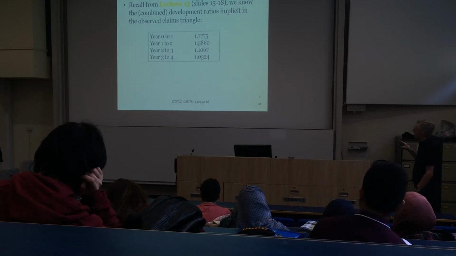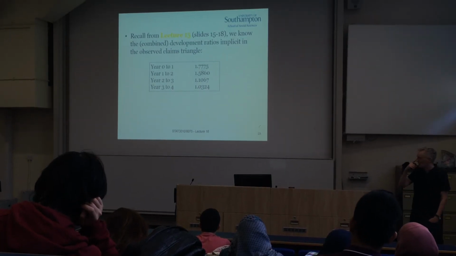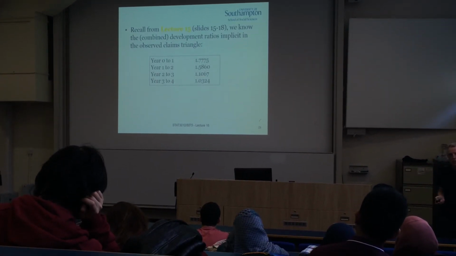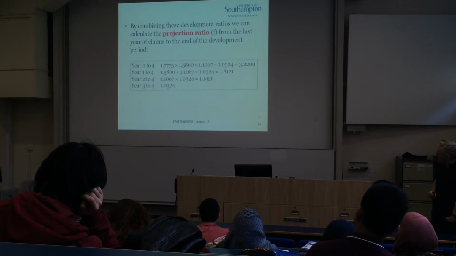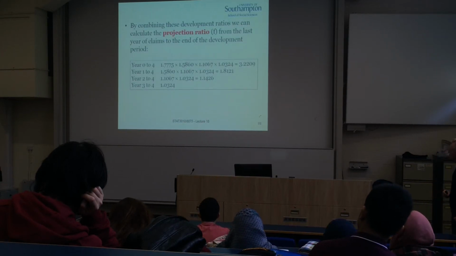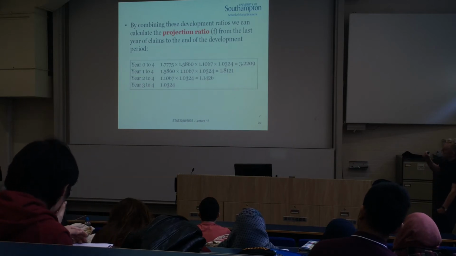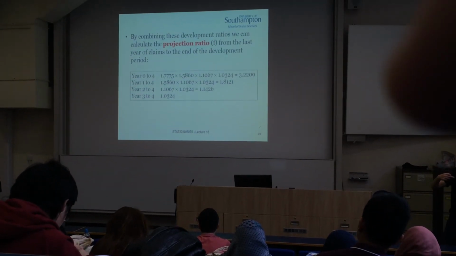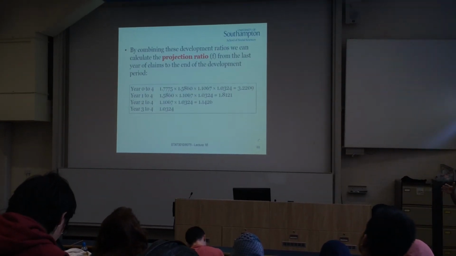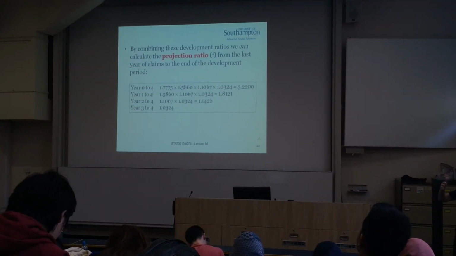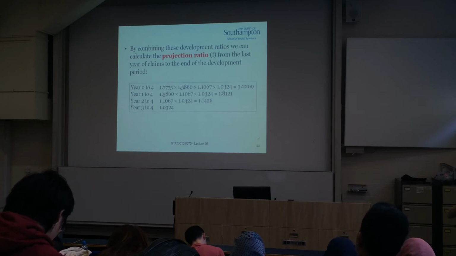From those development factors, you can calculate things called projection ratios. The projection ratio basically tells you how the cumulative total payment will develop from the year of the last claim to the end.